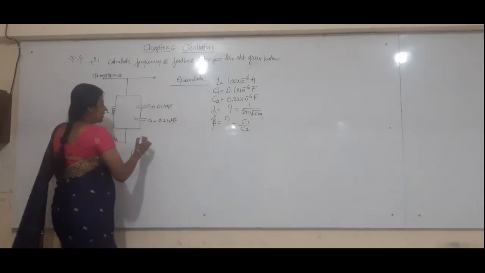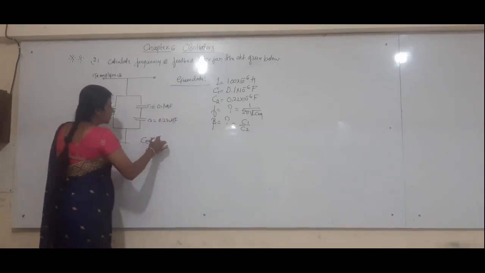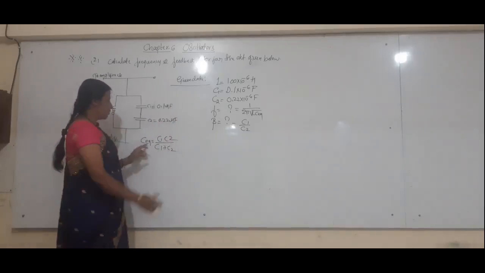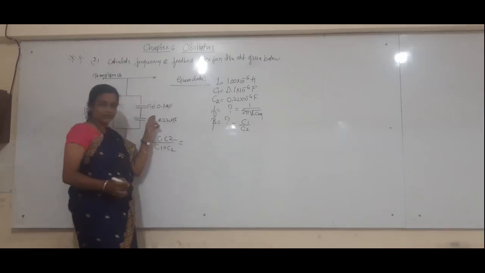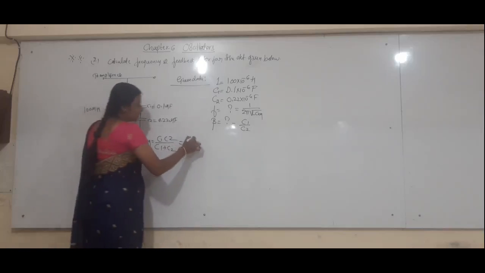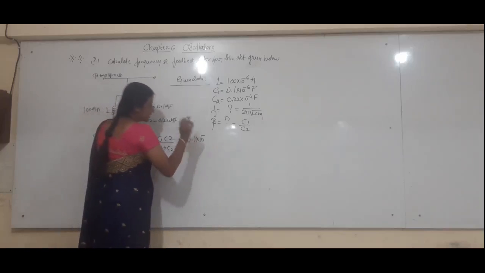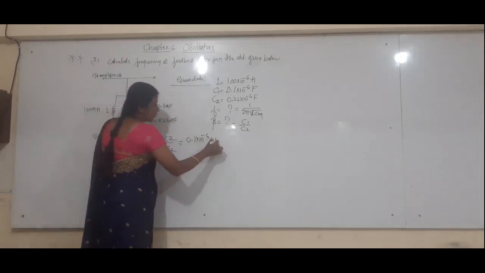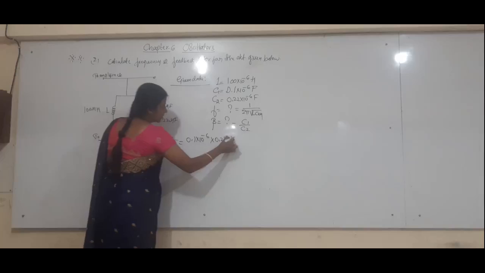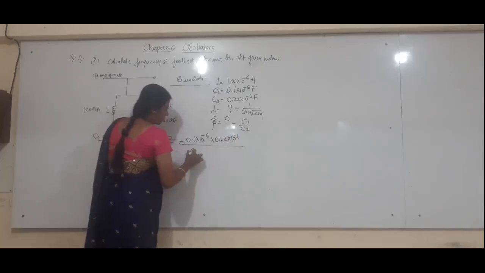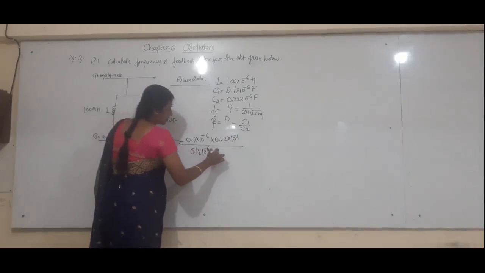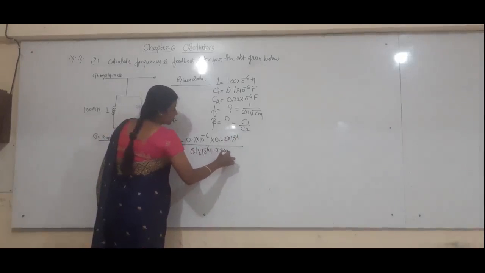Here in this circuit CEQ is equal to C1 C2 divided by C1 plus C2. Now substitute the values: 0.1 into 10 raised to minus 6 into 0.22 into 10 raised to minus 6, divided by 0.1 into 10 raised to minus 6 plus 0.22 into 10 raised to minus 6.